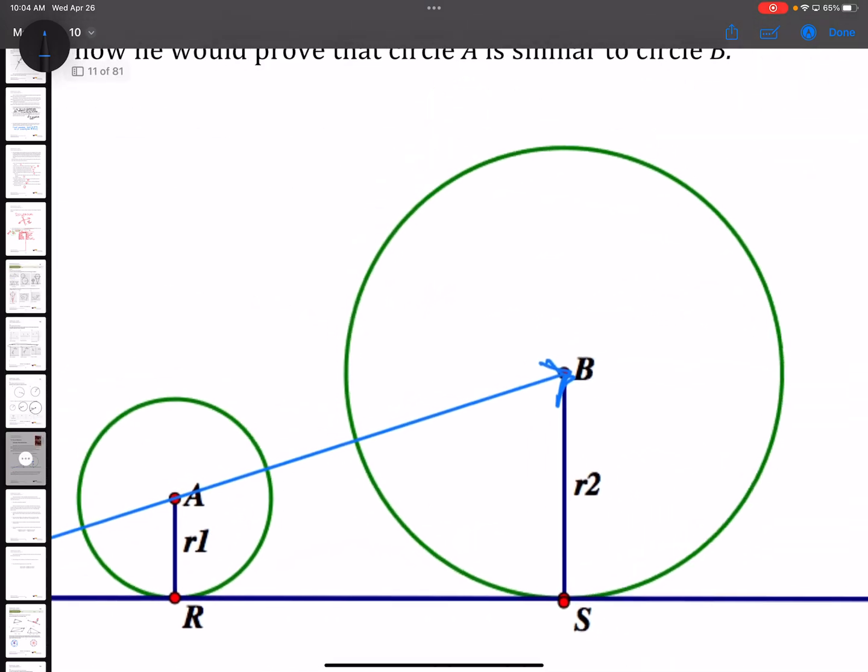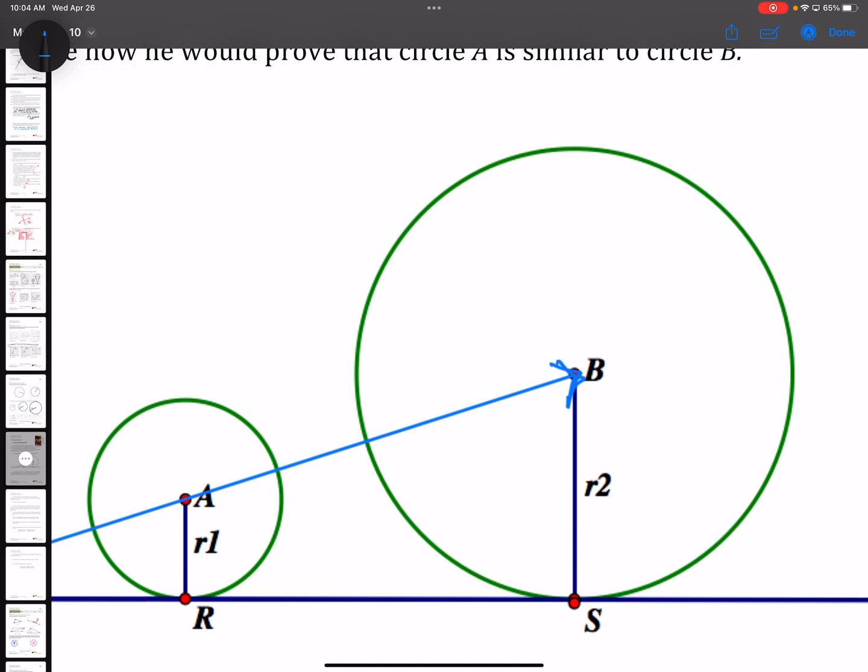So what are the things that we could talk about in these circles? There are no numbers. Well, there's R1 and R2. So how could we say what is the enlargement factor for circle A to be superimposed onto circle B? It would be R2 divided by R1.